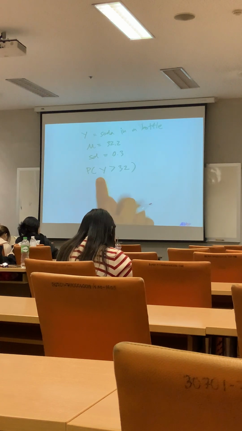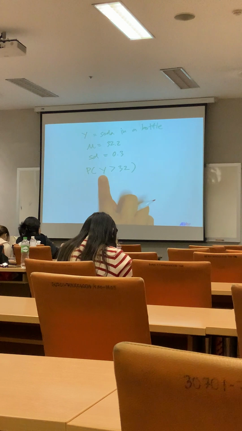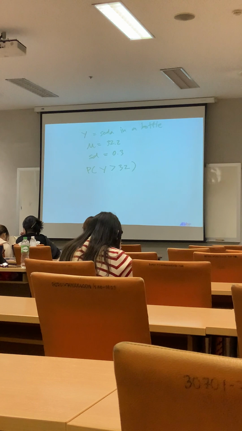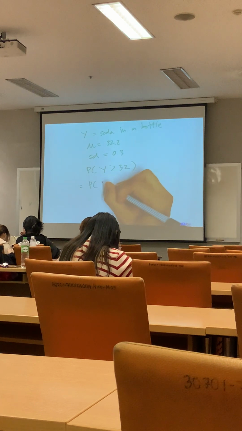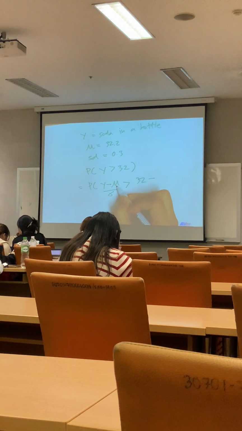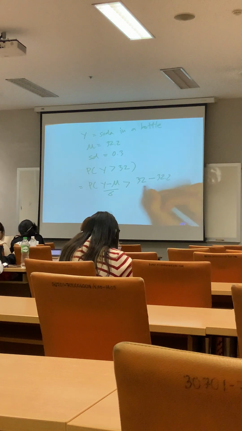Okay. So when you want to calculate that and you know that Y is normal, what you can do is change Y to Z. This is not new. This is what we have learned from the normal distribution. So the probability is going to equal the probability of Z, which is Y minus mu divided by the SD, greater than 32 minus the mu, which is 32.2, divided by the standard deviation, 0.3.